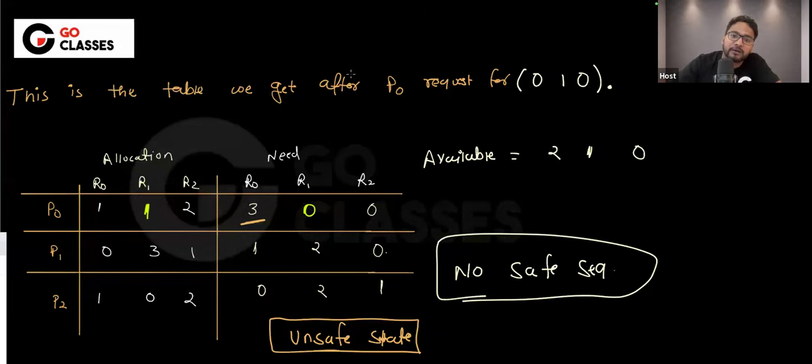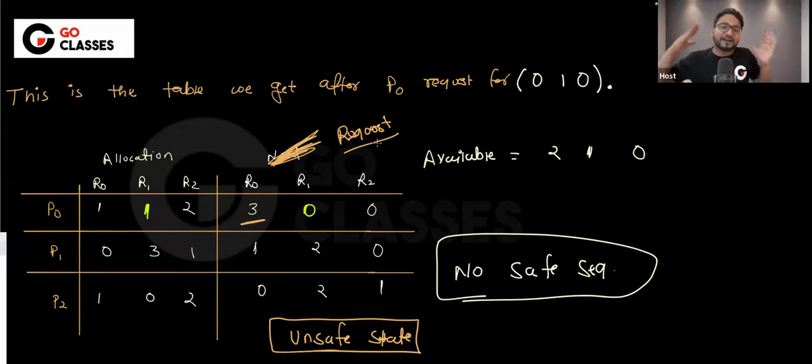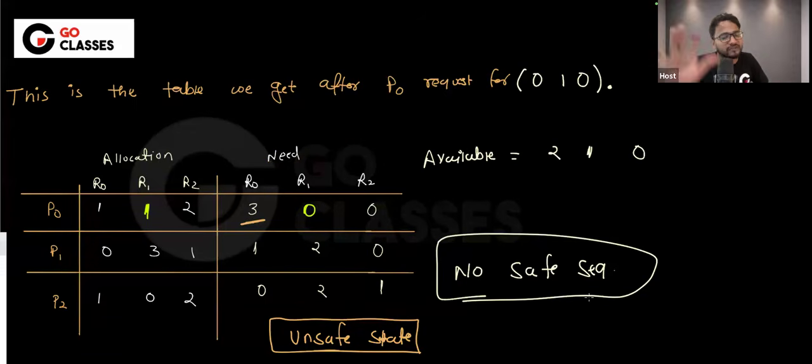If instead of need, let's suppose I say request, it is not anymore the future need, not the maximum that they may need in the future. It is the current request. If I replace the term need with the current request, then immediately you say it is deadlock. The moment you say need, then you cannot say it is deadlock, you can only say it is unsafe state.